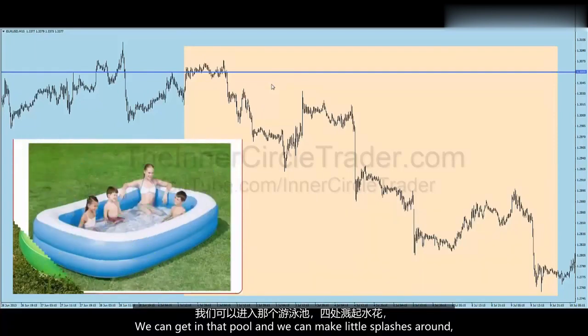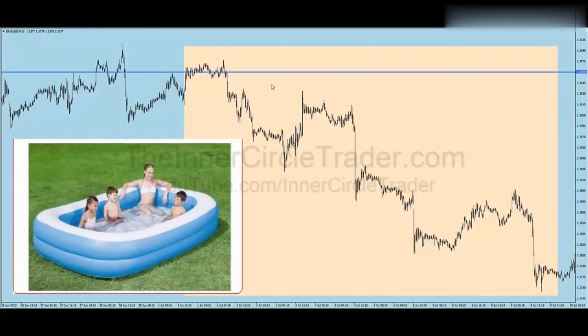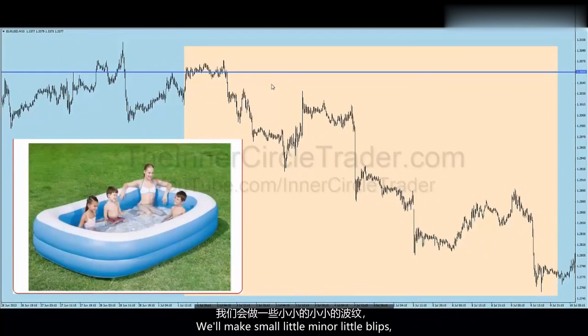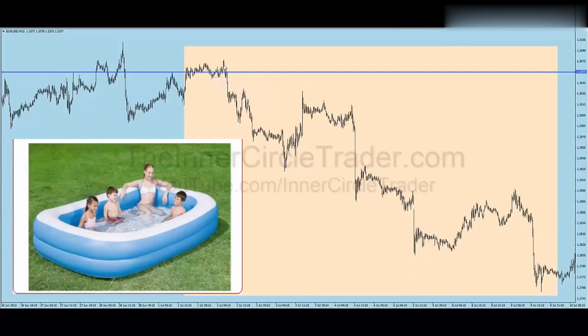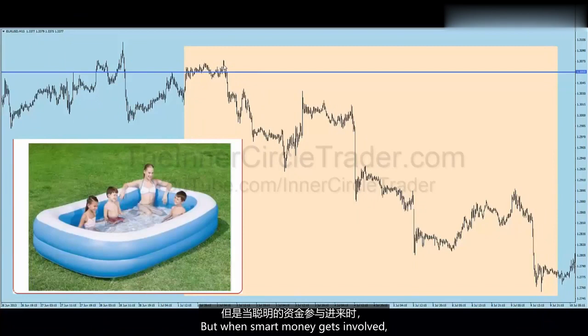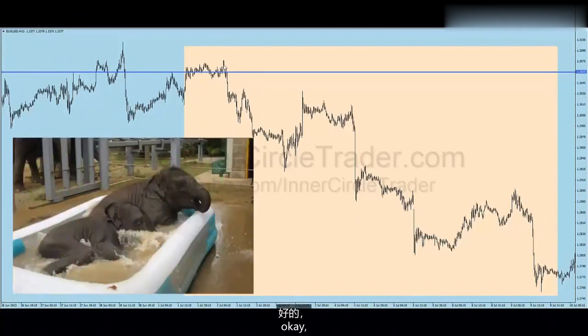We can get in that pool and we can make little splashes around, okay, as retail. But that water will not be displaced by retail traders. We'll make small little minor blips, like you see here, okay? But when smart money gets involved, they're like that elephant in the room.